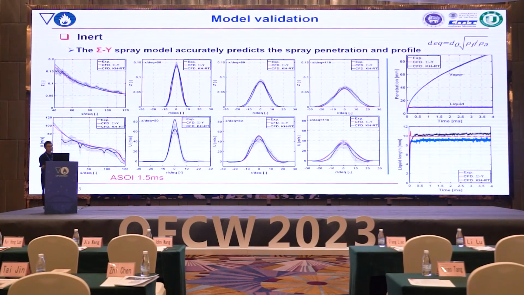And then is the model validation. We first validate on the inert condition. On the left side, we compare the 3 axes of mixture fraction and velocity at 1.5 milliseconds after the start of injection. And in the middle 3 columns, we compare at 3 different distances downstream from the nozzle.